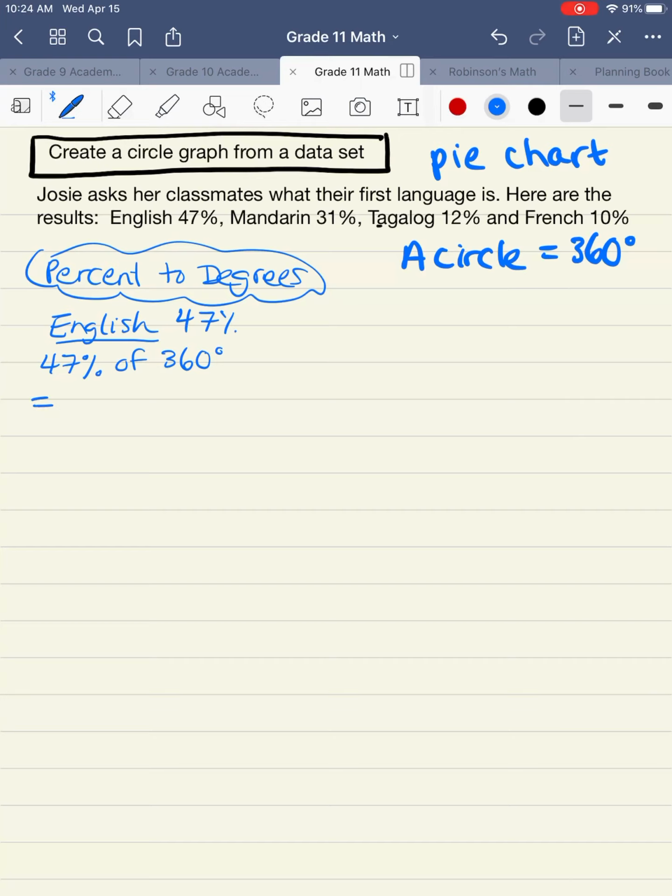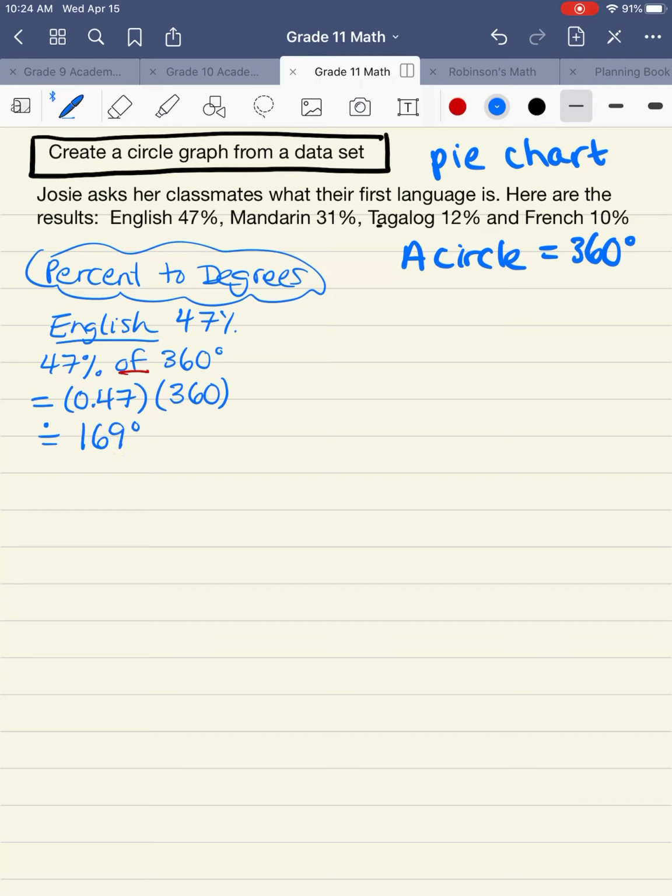If you don't, you are going to change your percentage into a decimal, and we do that by dividing by 100. So if we divide 47 by 100, we end up with 0.47. And then we're going to multiply it by 360. Remember that the word of means to multiply. If we do this, then we get approximately 169 degrees.